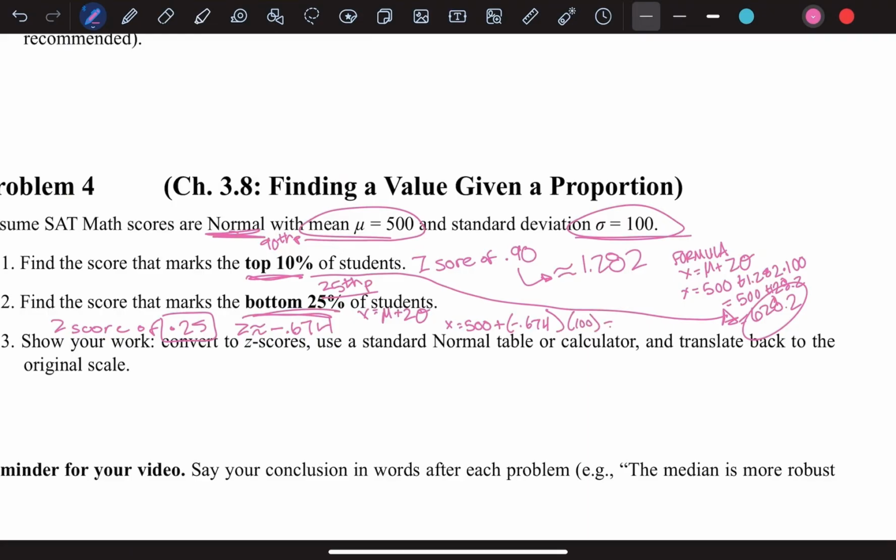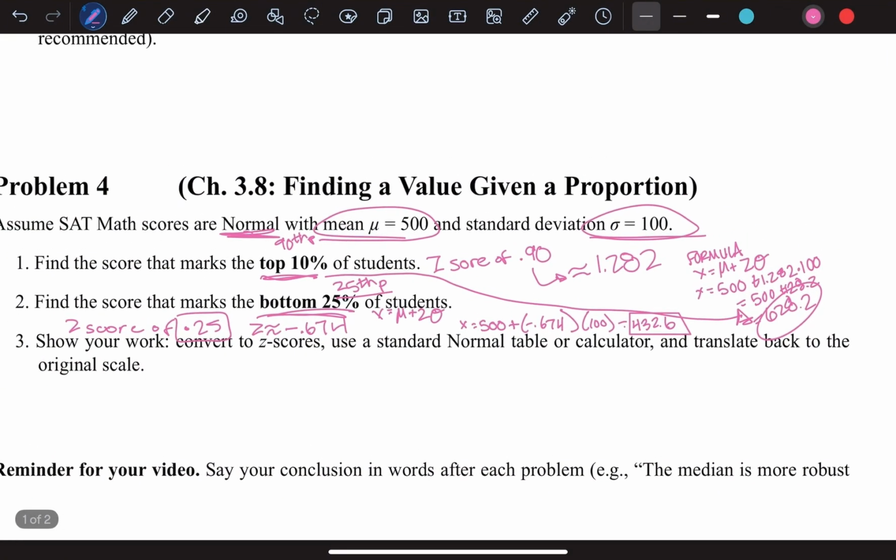Put that into a calculator, and it is 432.6, which would be the bottom 25% of students, which is not a very good test score.